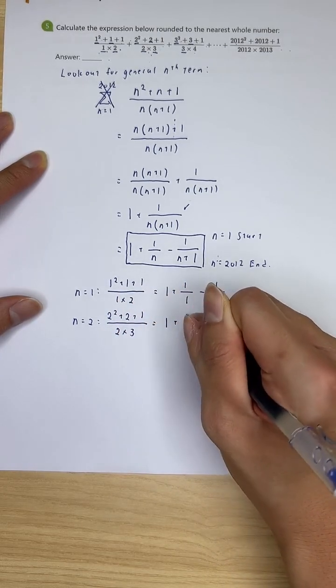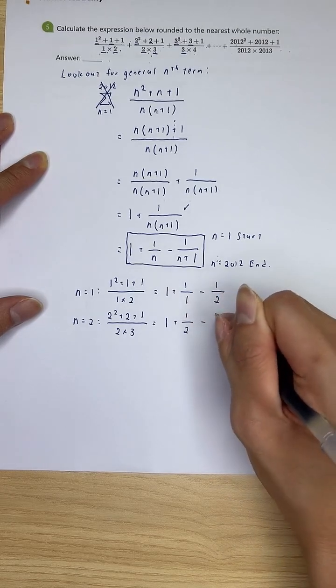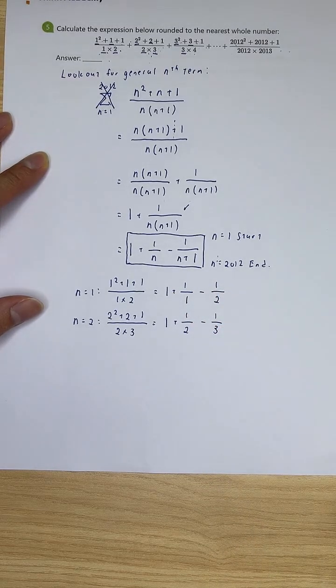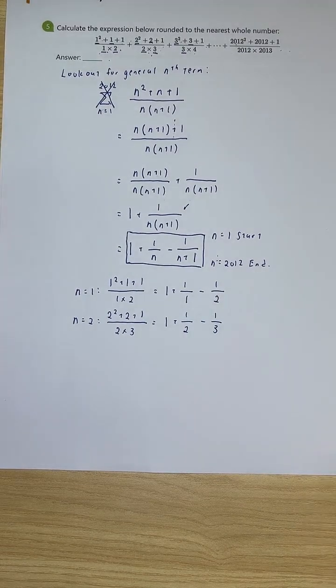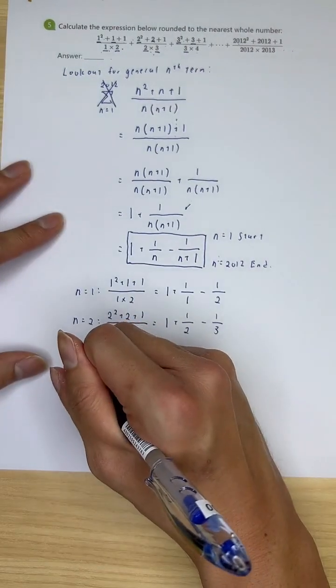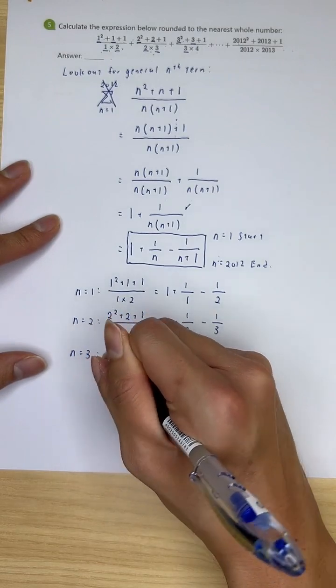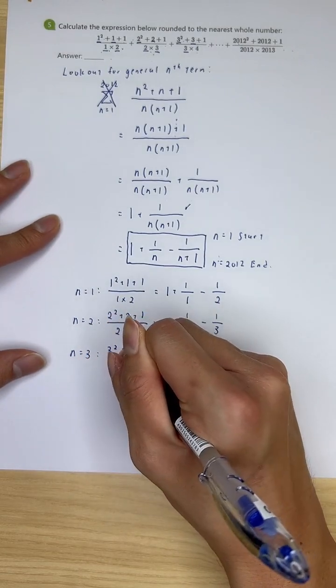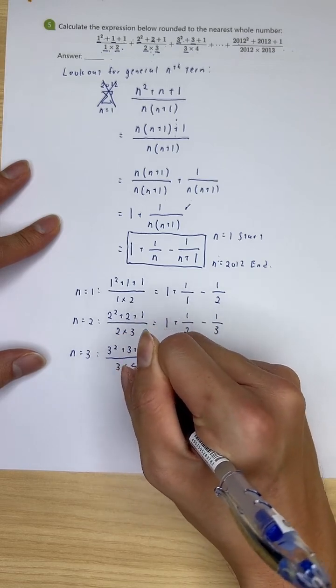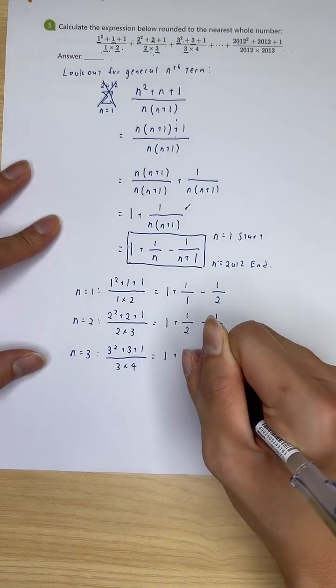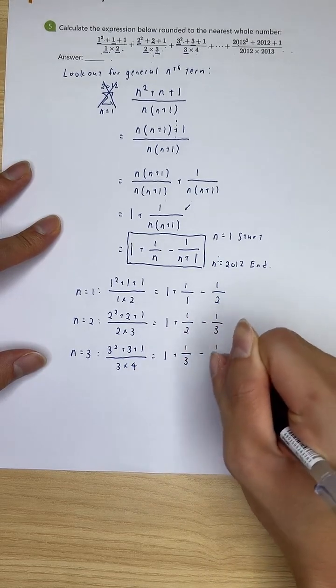This is going to be 1 plus 1 over 2 minus 1 over 3. You can see a pattern going on already, so maybe I'll do one more. n equal to 3: 3 squared plus 3 plus 1 over 3 times 4, which is 1 plus 1 over 3 minus 1 over 4.